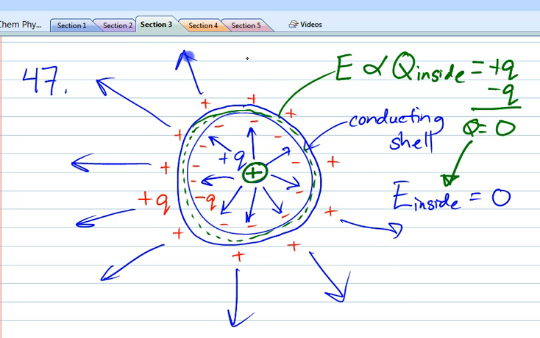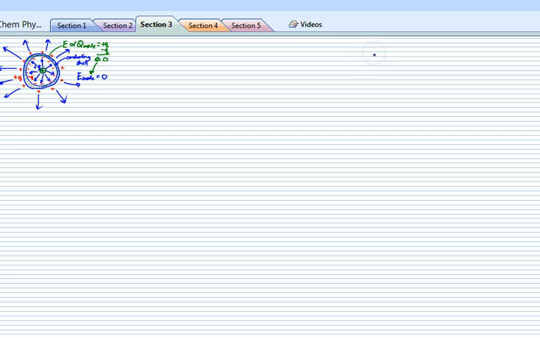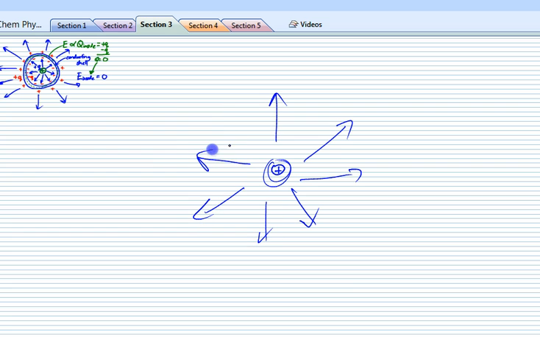One last thing you might want to pay attention to is that if I zoom all the way out, what this looks like is basically a tiny positive charge with a little thing surrounding it, but basically field lines coming out. So if you zoom out enough, it just looks like a positive charge.